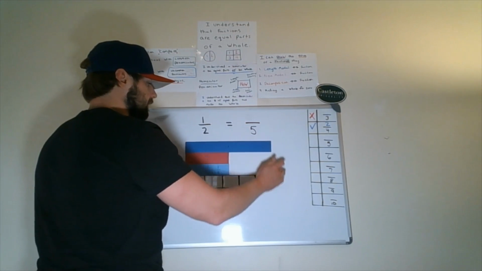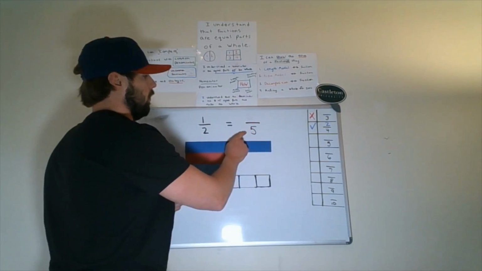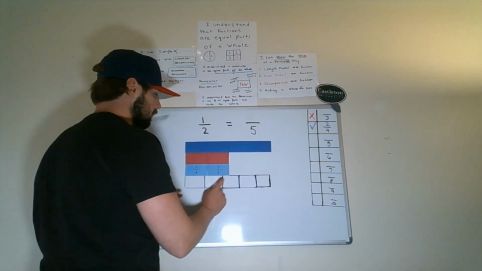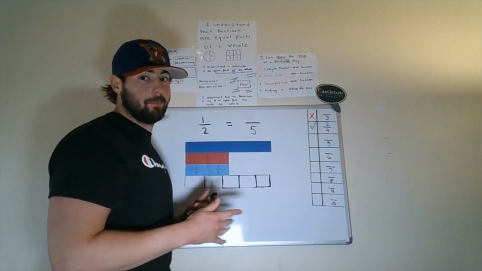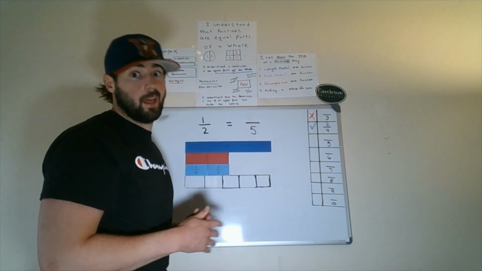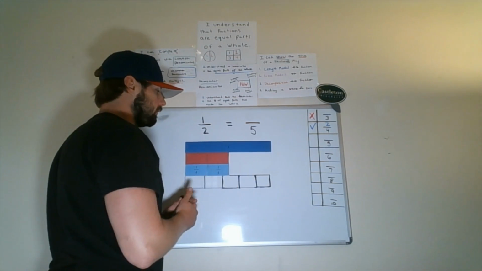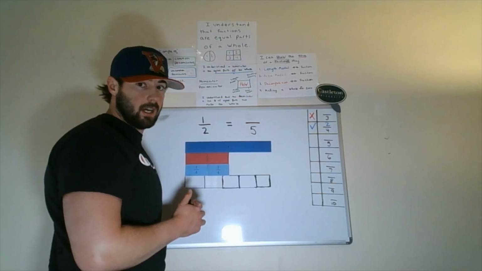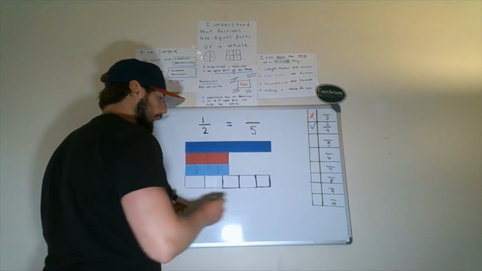First, I started with that whole. We know fractions always start with the whole, that denominator. I partitioned this whole into 1, 2, 3, 4, 5 equal parts. Of course, the best I could. I'm not a computer like the editor. So 5 equal parts. Clearly, 5/5 is not going to cut it. It is not equivalent to that 1/2.